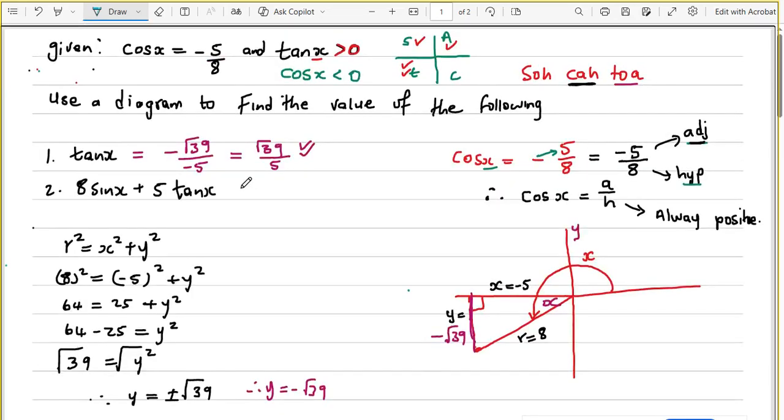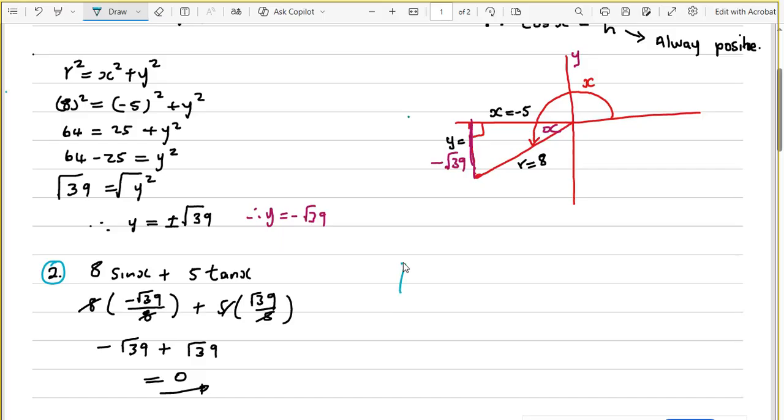You'll be given this statement, and then the question will say, prove that 8 sine x plus 5 tan x is equal to 0. Because you see, we just proved that this is 0. So if they say prove that this is equal to 0, you just have to do all those steps.